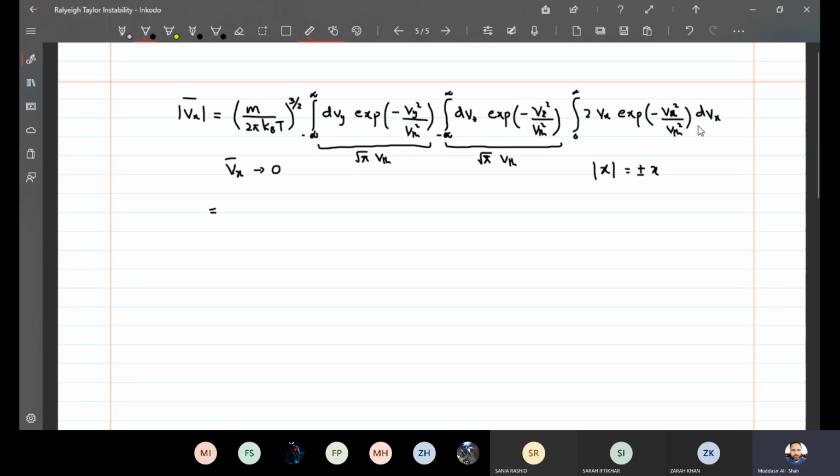Again, we have an integral like y exponential minus y square dy from 0 to infinity.